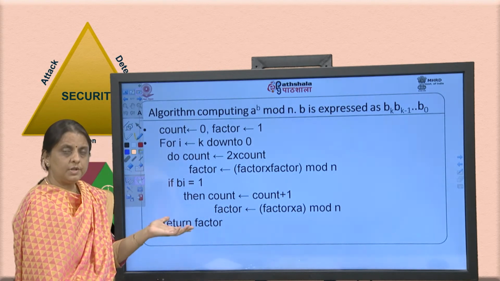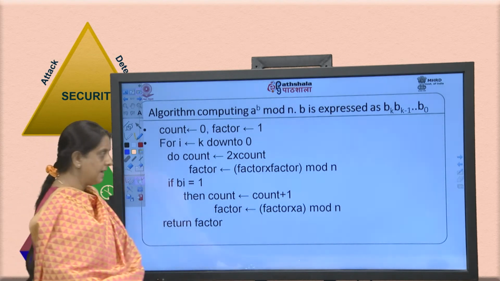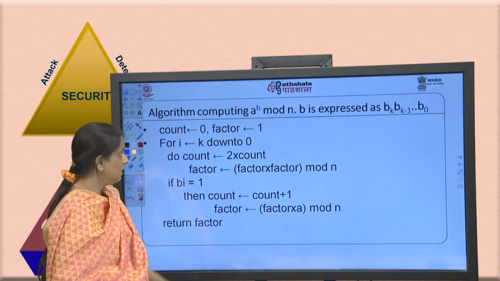We have understood the characteristic or pattern of a raised to b mod n. Accordingly, we have formalized the algorithm.